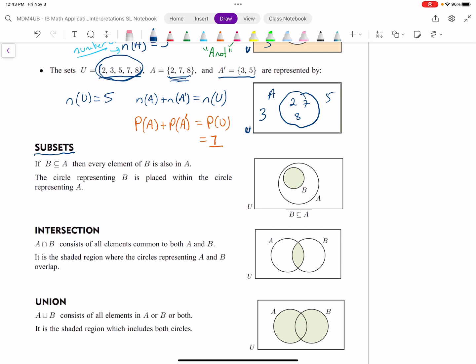So for example, if B is a subset of A, so this represents subset, this kind of sideways U with an equal sign or a line below it, then every element of B is also in A. You're not going to get a lot of that notation, but you may, so I'm including it here. So the circle representing B is placed within the circle A here. And so every element of B is also in A, and there's our notation.